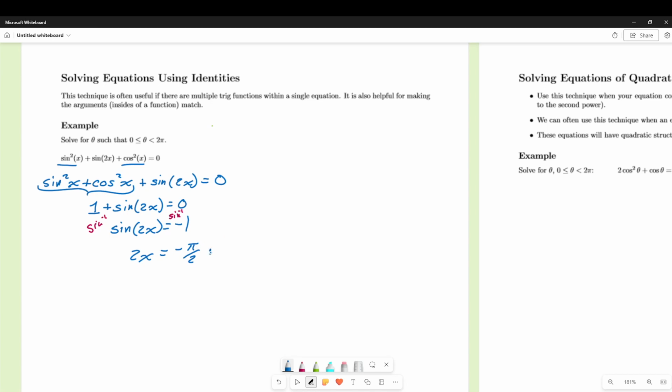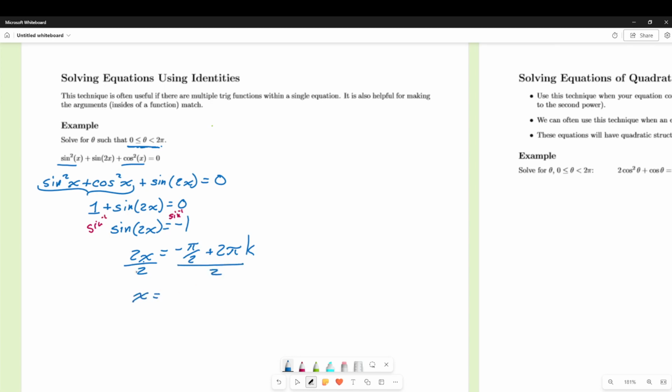We have to respect that by remembering to add our coterminals. Even though we only want answers within one rotation, this compression factor is going to change where our rotations are, or how big our rotations are. Now normally this would break into 2 sets, but because this is quadrantal, because the negative pi over 2 is on an axis, it's only going to give us 1 set, so that's nice.